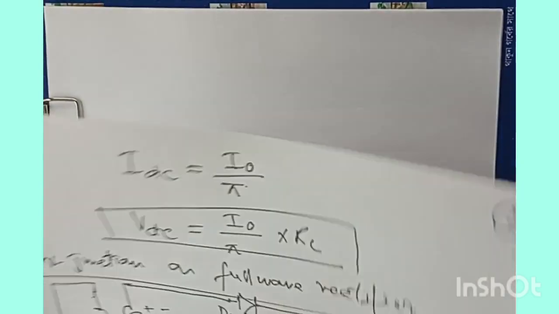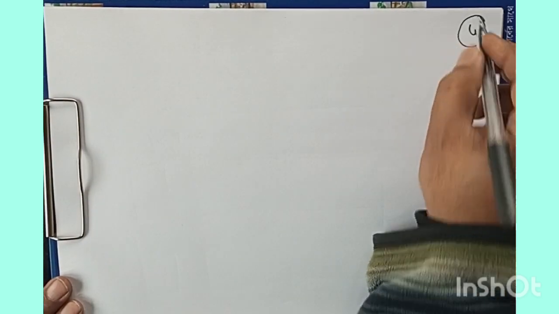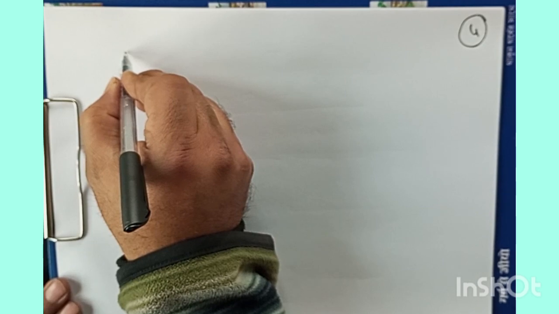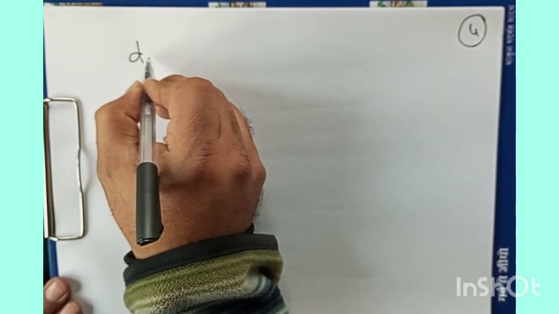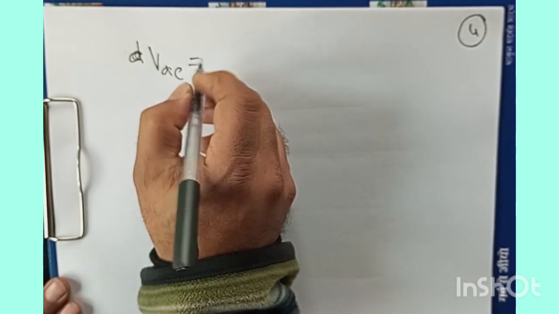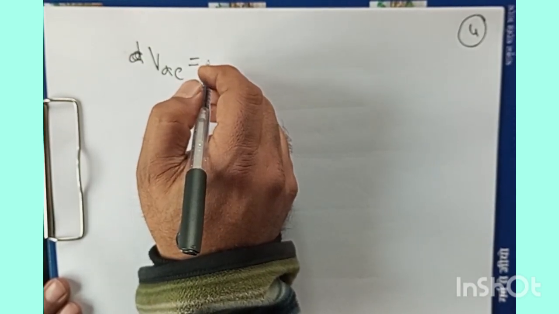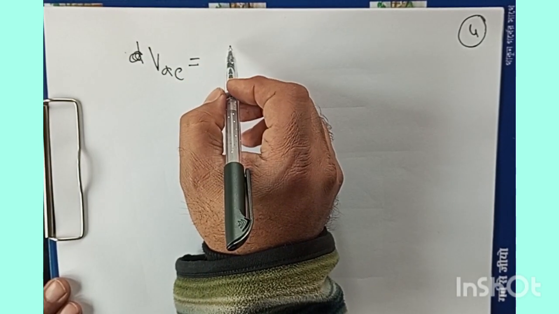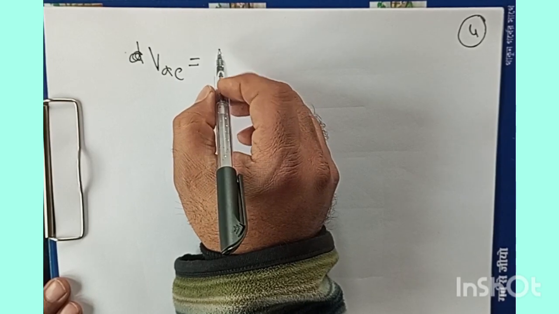And if we talk about the output DC voltage of the full wave rectifier, so VDC, this is the output DC voltage for the full wave rectifier.